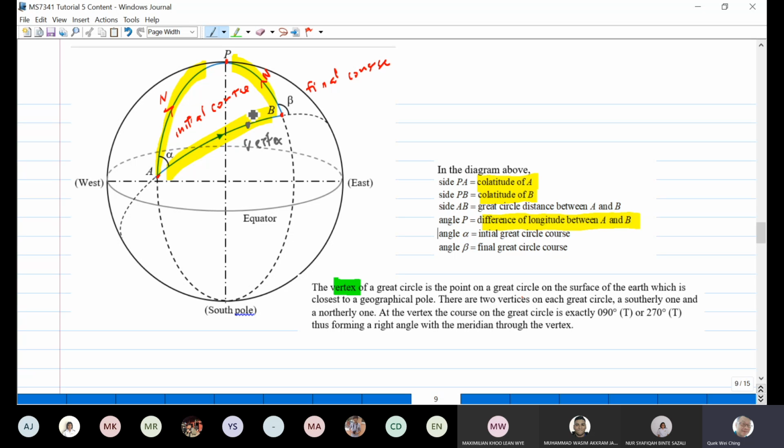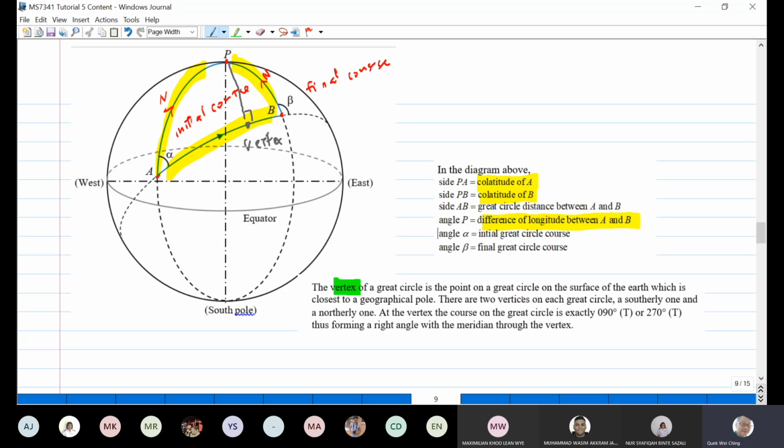Then the distance from the vertex V to P is supposed to be the shortest. That means this is 90 degrees. Okay, this is a vertex. So the vertex is a point along the great circle nearest the pole.